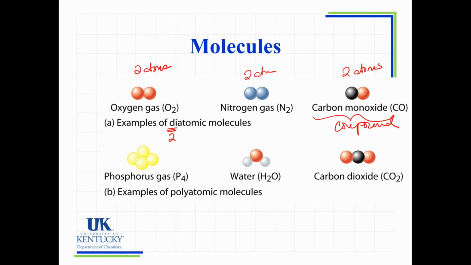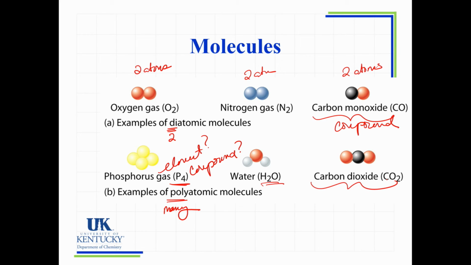Now here I have what we use the word poly, which means many. Polyatomic. And we've got phosphorus. Now, is that an element or a compound? Let's think about that for each of these. Which is it? Is it an element or a compound? Well, it's an element because it's all the same atom. Water's a compound. How about carbon dioxide?